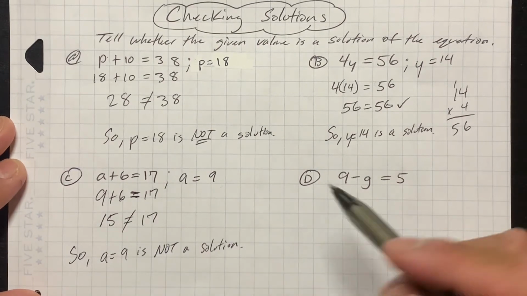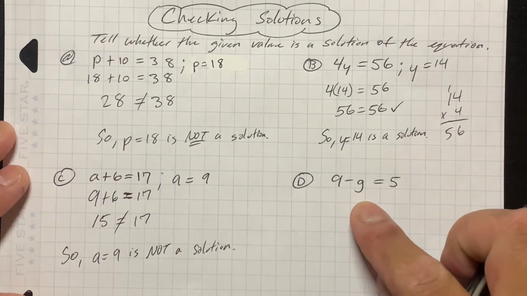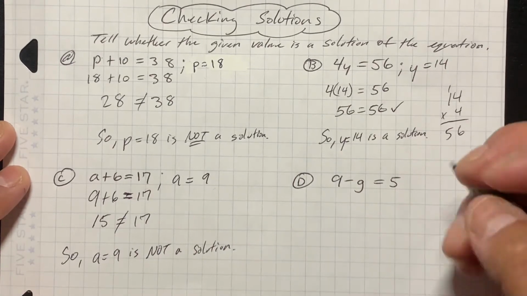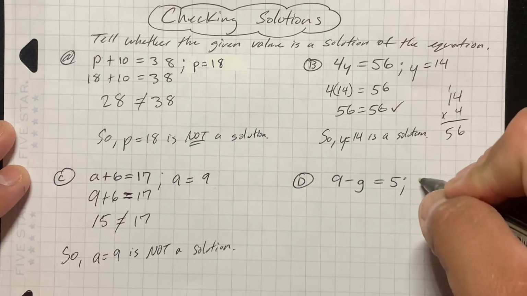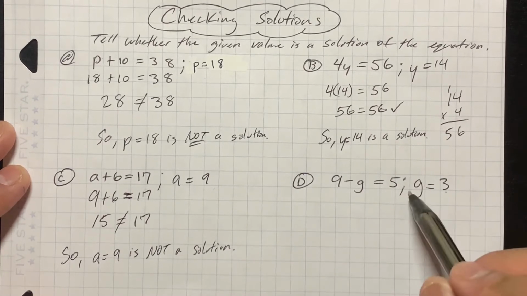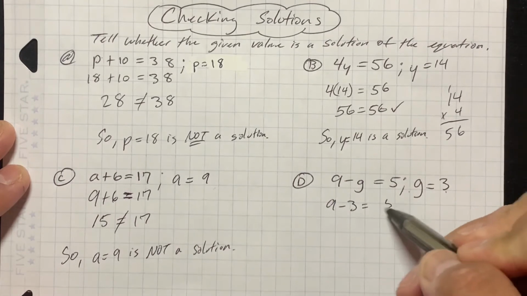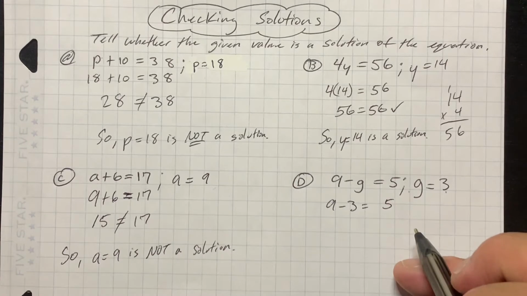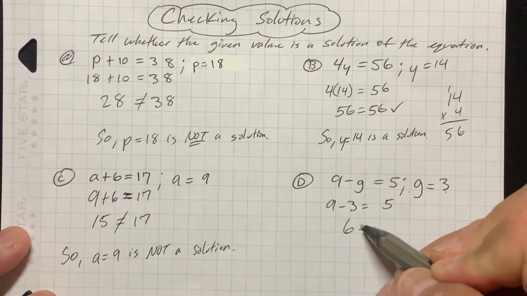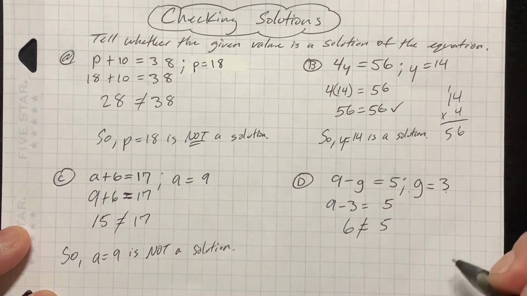Okay. Now for the last one, D, 9 minus G equals 5. So that is if G equals 3. So if we substitute 3 for G, 9 take away 3, we will see that 9 take away 3 is going to be 6, and 6 is not equal to 5.